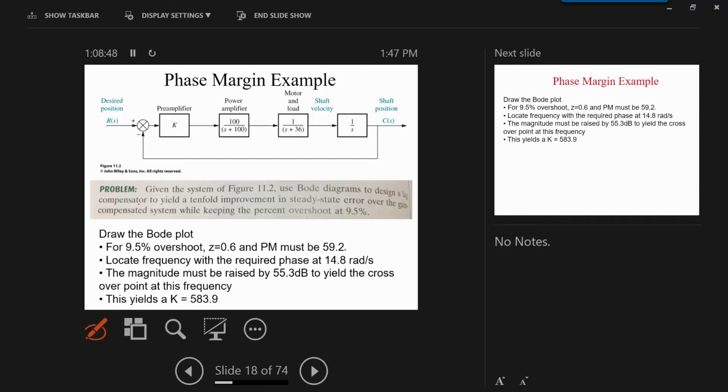Now if I check the magnitude at exactly the same frequency, in dB, this is around what?